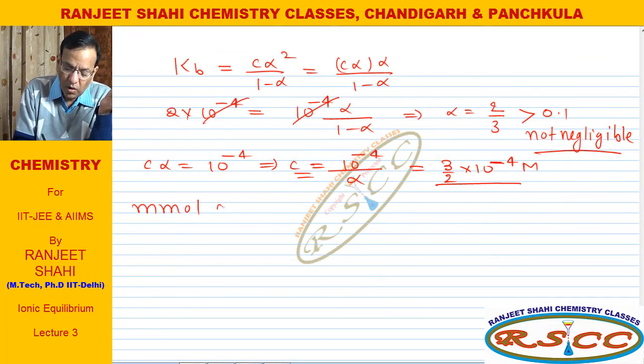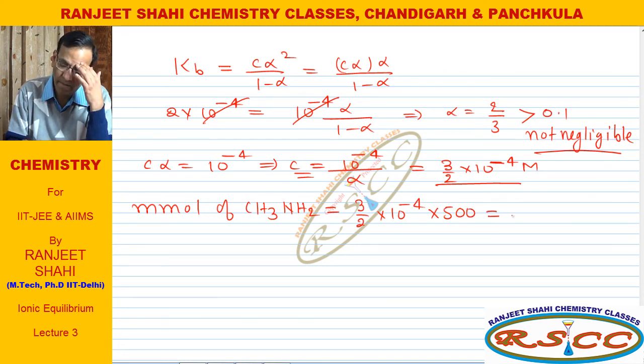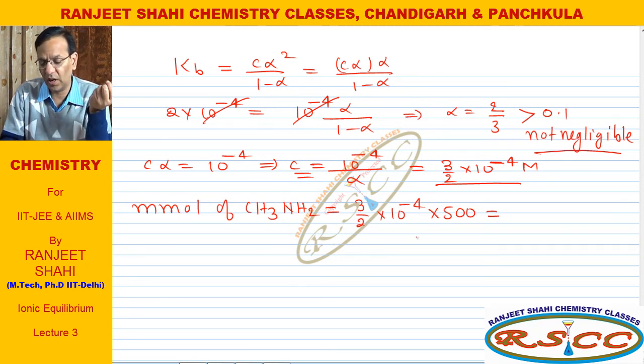Millimole of CH3NH2 is equal to molarity multiplied by volume. So 3 by 2 into 10 raised to the power minus 4 into 500. It is 3 by 2, 1.5 into 500, 750.